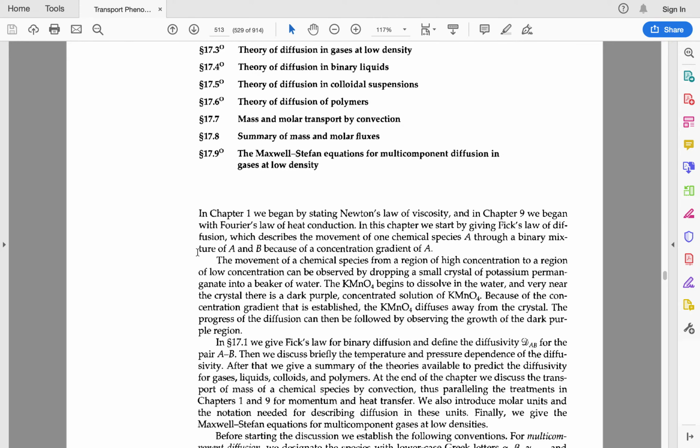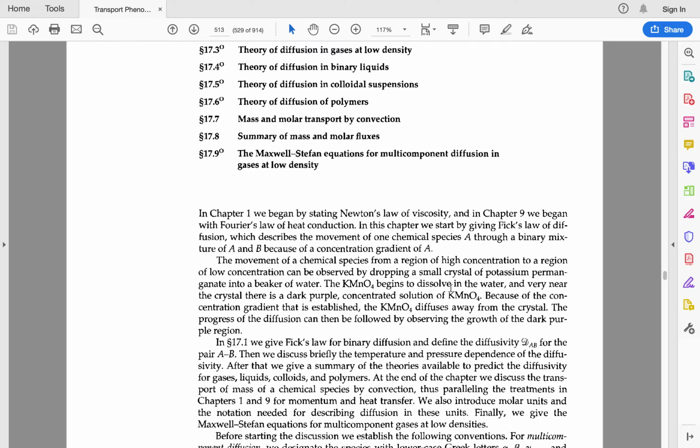So imagine we have water, and then there is potassium permanganate. We put a drop of potassium permanganate in water. Potassium permanganate has a dark purple color, and at first it is a very dark purple, very concentrated solution.